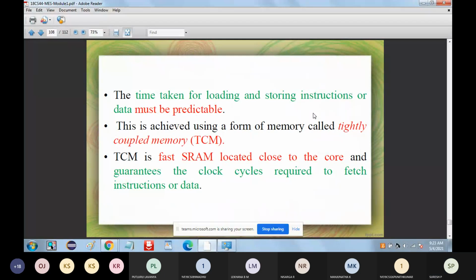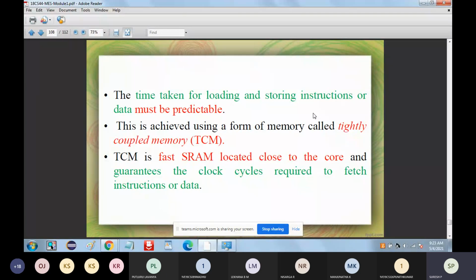That means, as I told in the beginning, your ARM processor does not operate on memory directly. If the ARM instruction has to work, first the data or instruction has to be brought from the memory to the register. Then only you can work on the register.